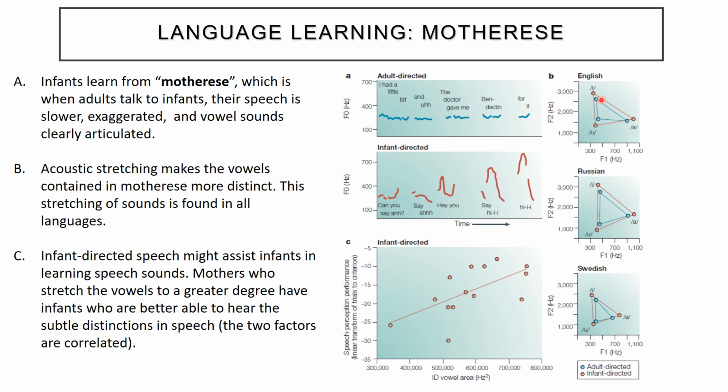So this is in English. This is showing the range of frequency stretching that happens at different vowels, I, U, and A. For adult-directed speech, which is in blue, down here, and in red is the infant-directed speech. You can see this triangle of where these fundamental frequencies are found, the F1 versus the F2.